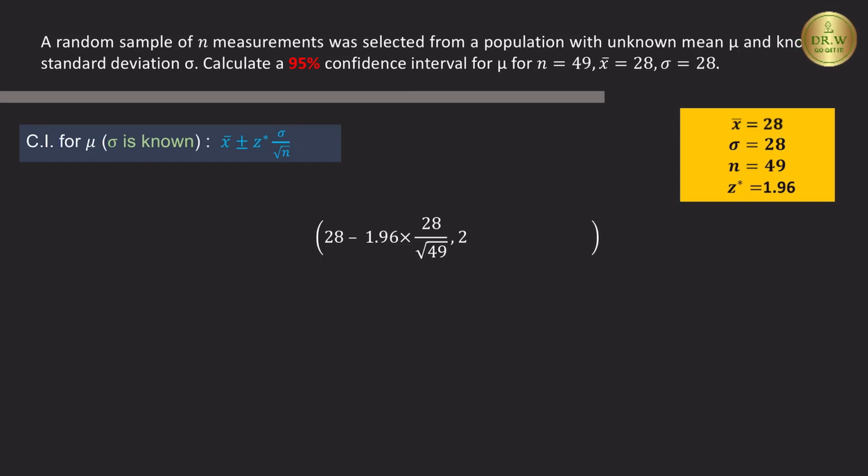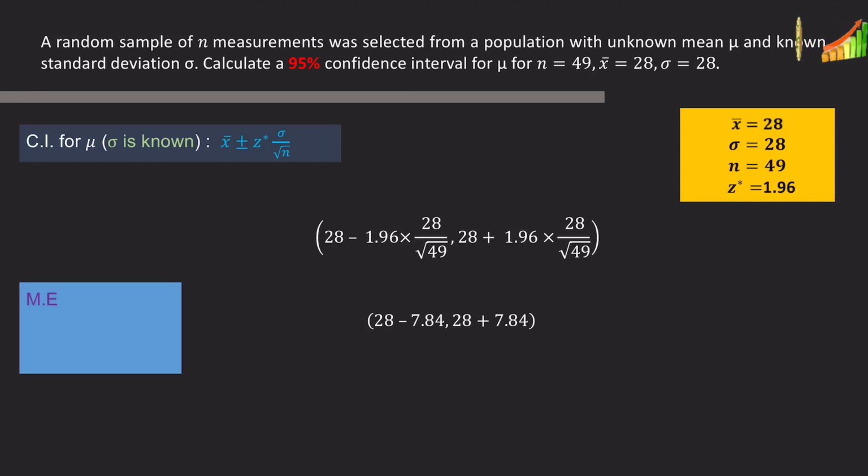So you see here there are two parts. First one is x bar, which is the sample mean, and next one is z star sigma over root n. Here, what is the z star sigma over root n? As a number here, 7.84.